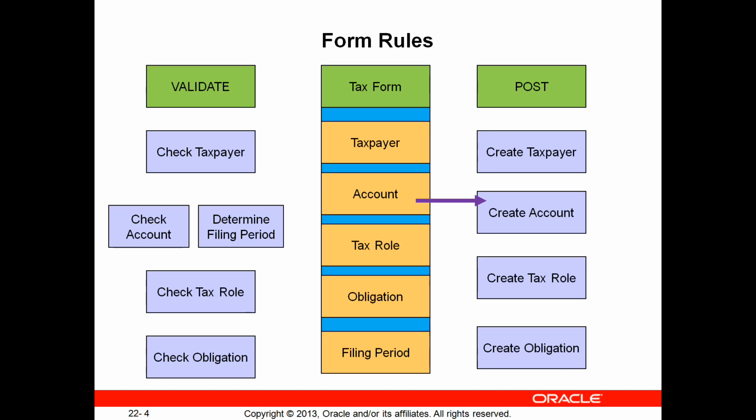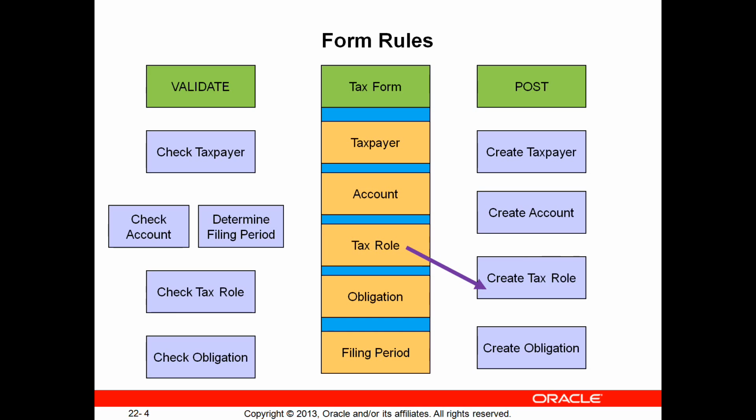Similarly as well, the account checks to see whether the account exists on the form. If it does exist, no need to continue. If it doesn't exist, then it will check to see whether the taxpayer exists on the form, expecting it to have it there. And if it does, then it can create the account. If it doesn't have the taxpayer, it will error. Similarly as well, tax roll sees whether the tax roll exists on the form.